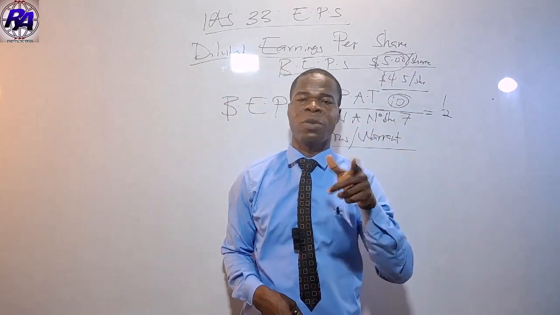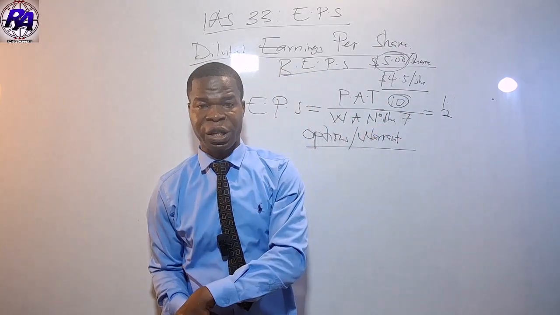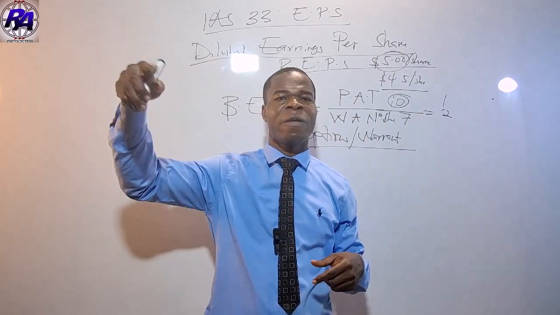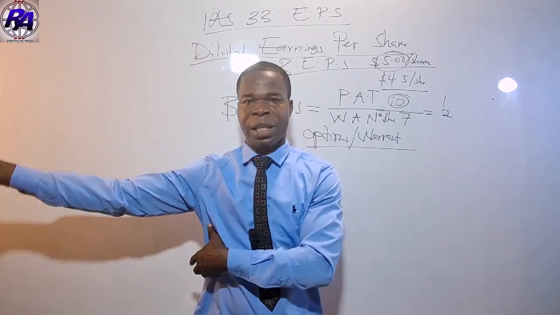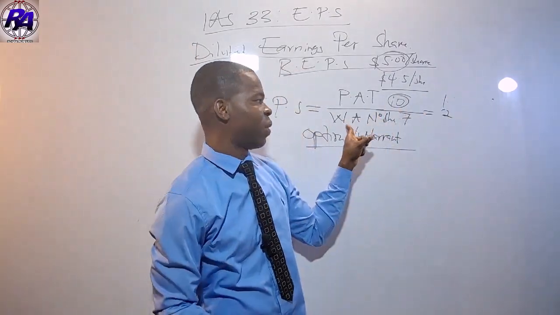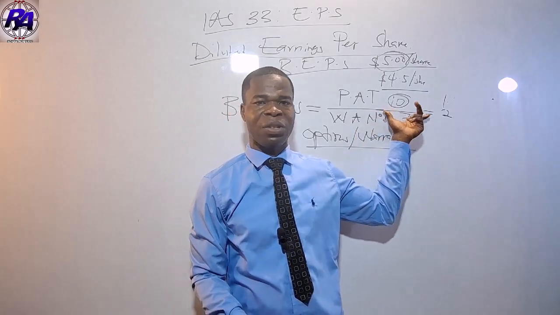When we talk about the issue of convertible loans or convertible preference shares, it gives the holder the right to convert those loans into shares in the future. Once those loans are converted to shares, we are going to increase our capital structure.